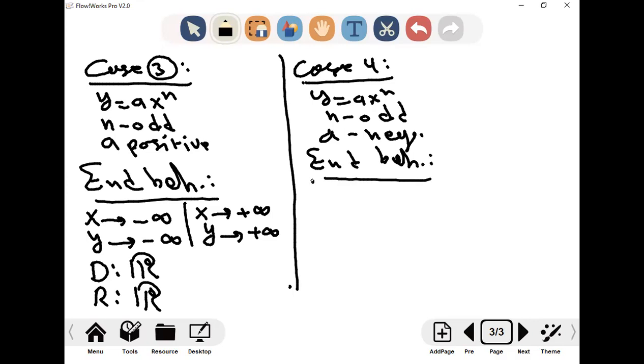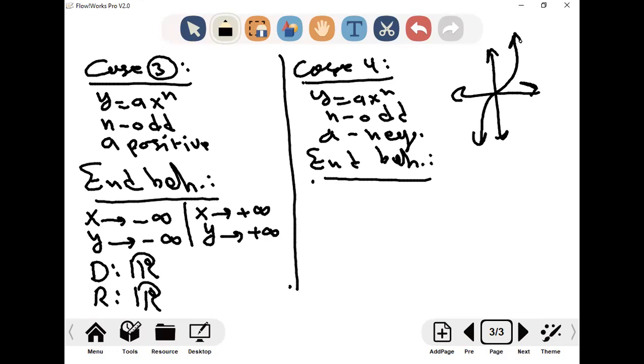In the even, we said if A is positive, it opens upward. A negative, open downward. In the odd, there is no upward or downward. We have the opposite curve. Before, I drew x power 3 for you, right? It was something like this.